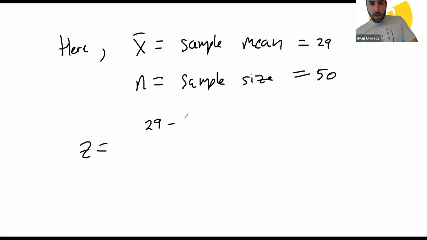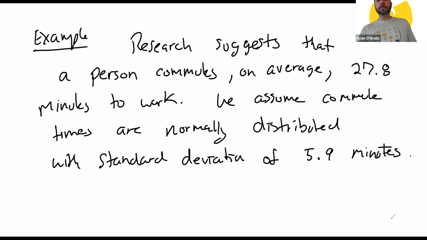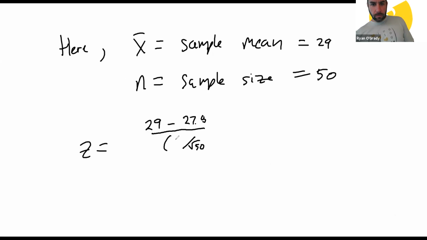So the only difference here now is we're not just dividing by sigma, we're dividing by sigma over the square root of n. So what was sigma? If you backtrack, sigma is 5.9.